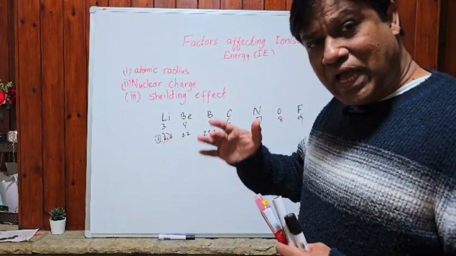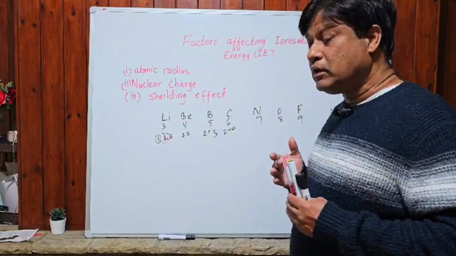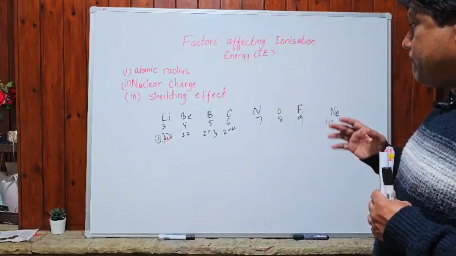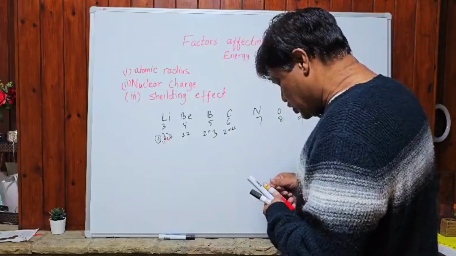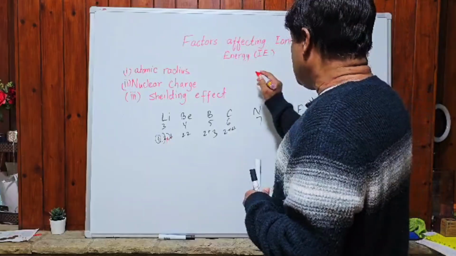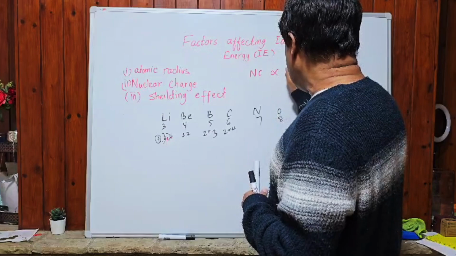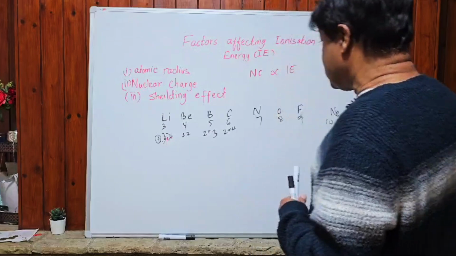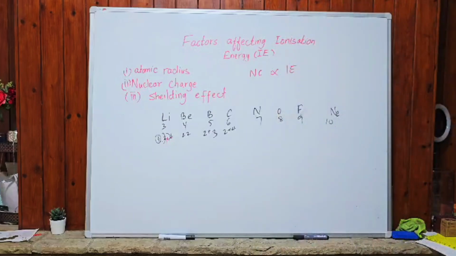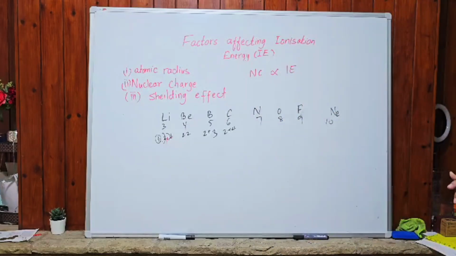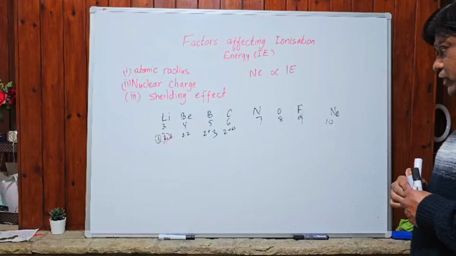Nuclear charge and ionization energy are very friendly. I'm giving you one relation: nuclear charge (NC) is directly proportional to IE. Both are friends. If one increases, the other also increases. If one decreases, the other also decreases.